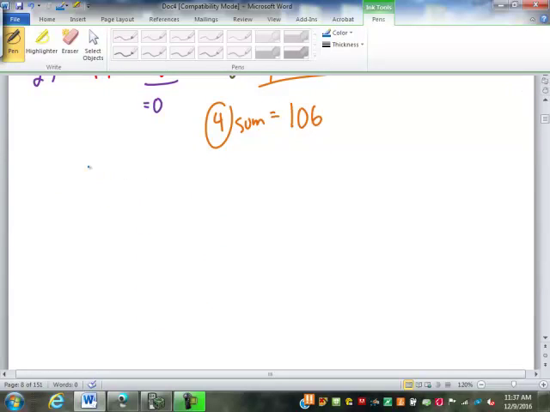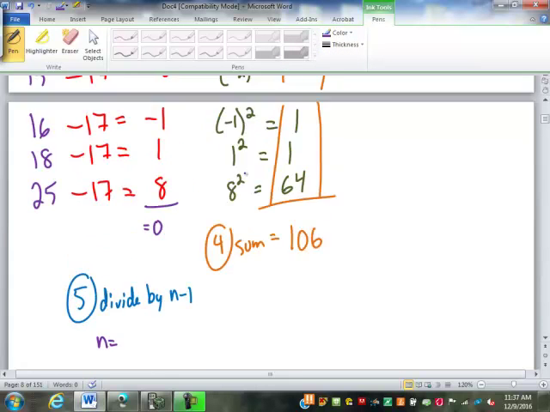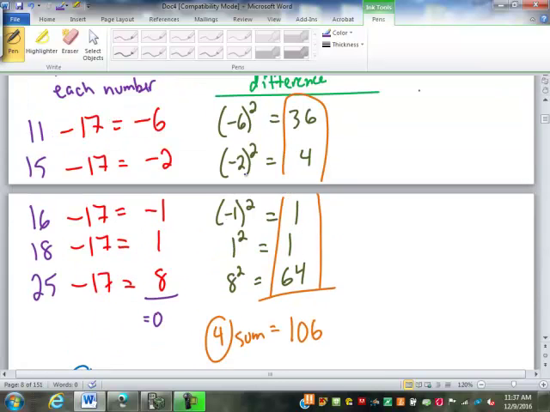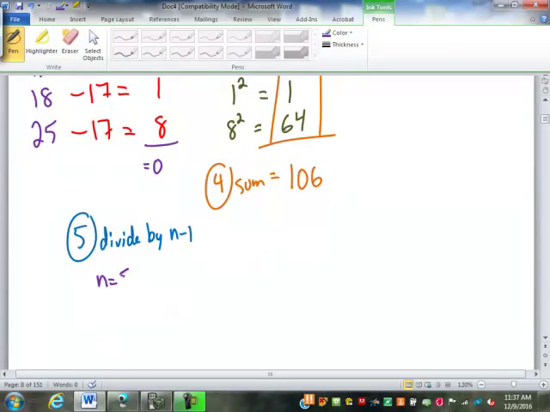Step 5 is a key step. Step 5 is divide by n minus 1. Well, n equals what in this set? How many numbers were in the set? 5, right? So n equals 5.